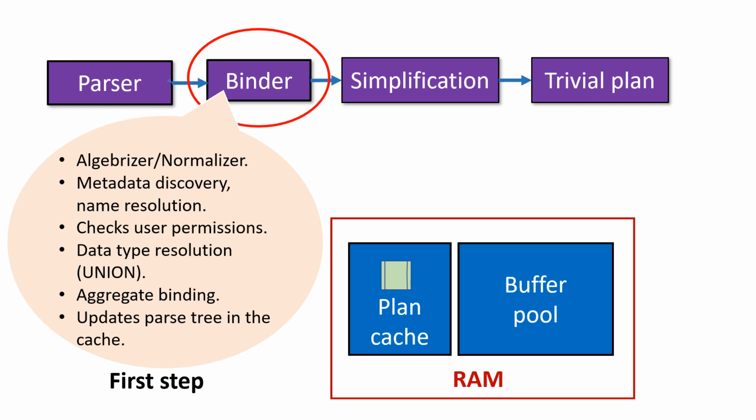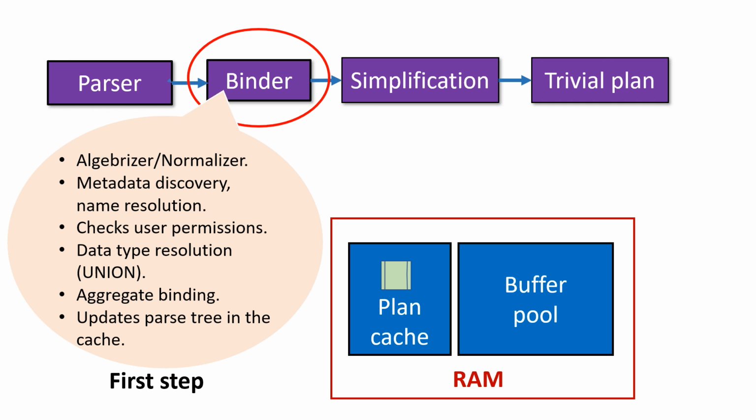Now the binder is also known as the algebrizer or the normalizer. What happens at this binder component is the binder will identify and validate the objects that we are using in our query, whether they are valid or not.